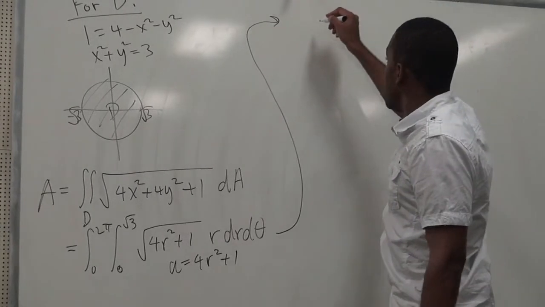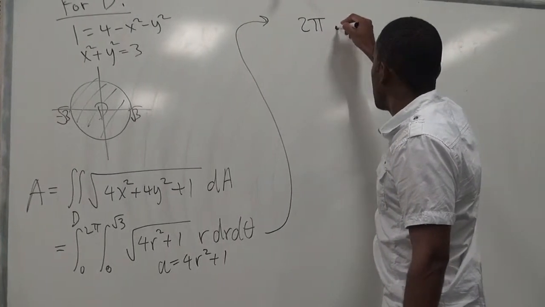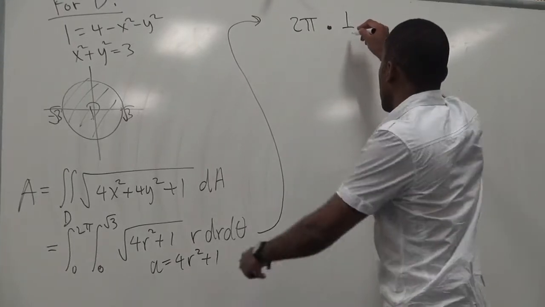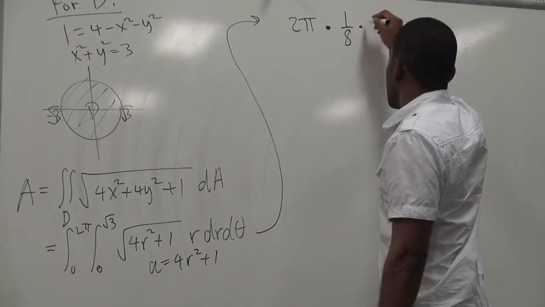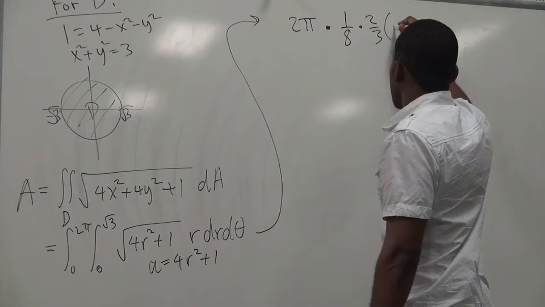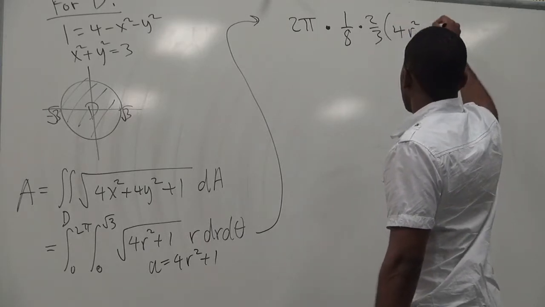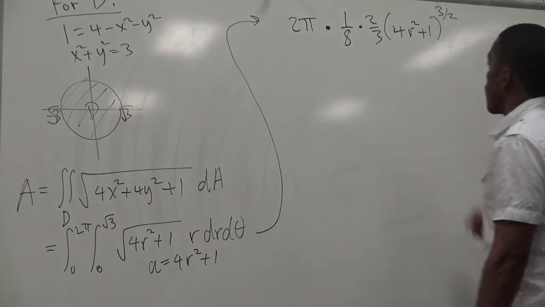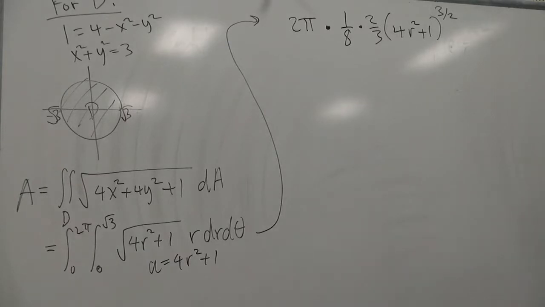So that would just be 2 pi times, now you're going to have that 1/8 from here, times 2/3, 4r squared plus 1 to the 3/2, between 0 and root 3.